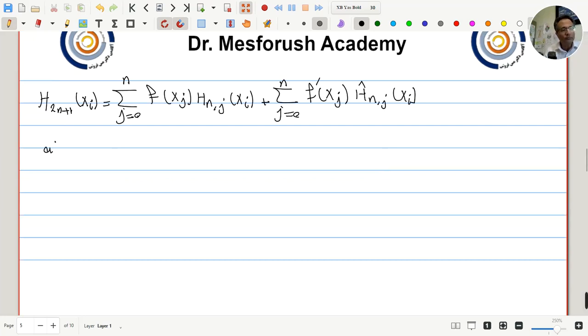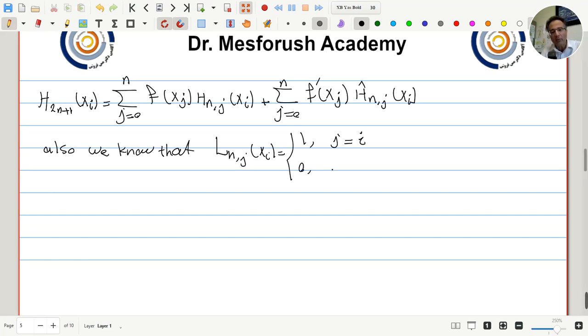Also we know that L_{n,j} at x_i will be 1 for j equal to i and 0 for j not equal to i.